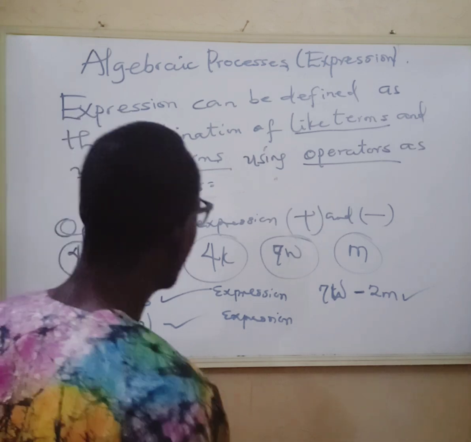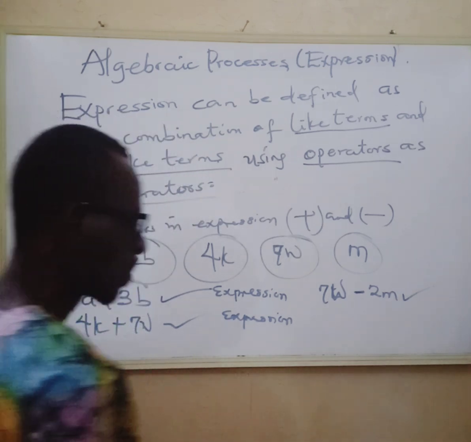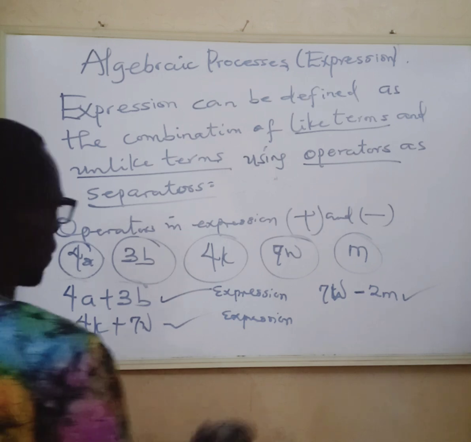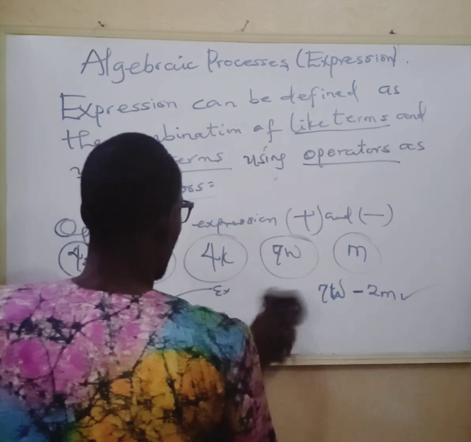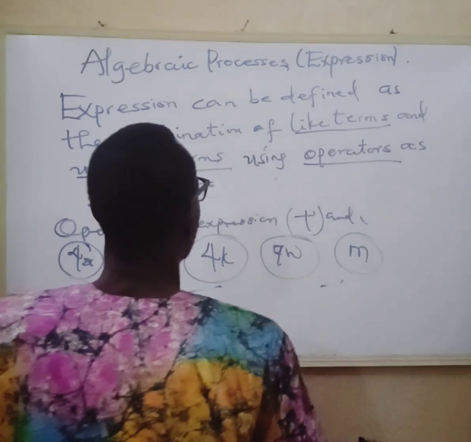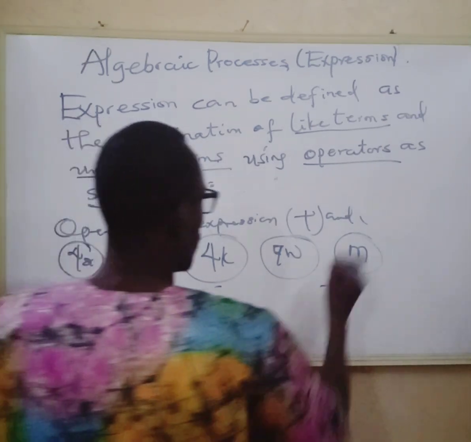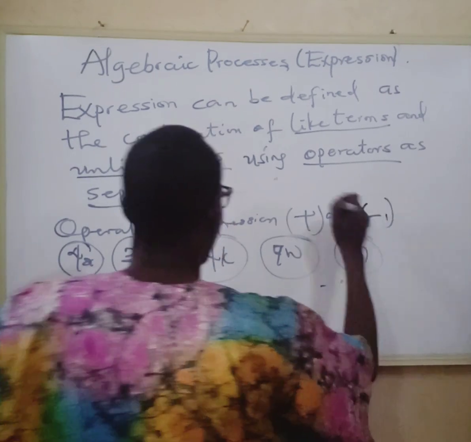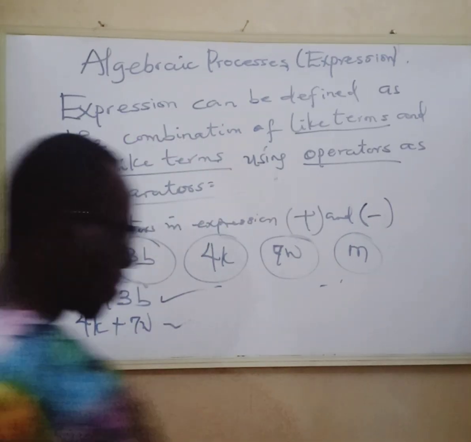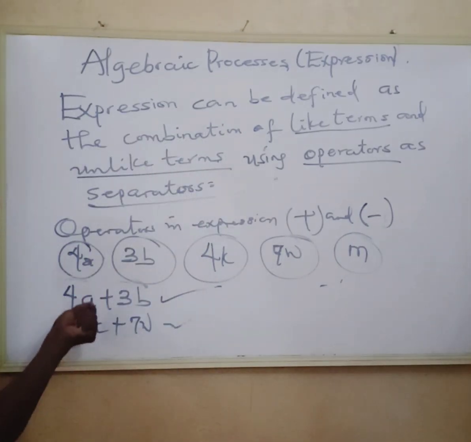So at this point, let's briefly look into the concrete aspects of expression. Don't let us rub this off. I'll be making reference to this. Let's assume you are using the same 4A plus 3B.